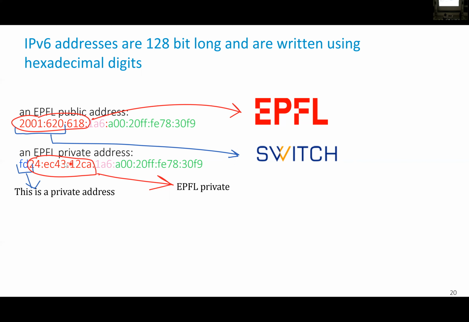Private addresses in IPv6 are similar, but still, if you use a private address, you need to go through a mechanism of allocation of a prefix, which is this blue and red part here, that in principle is allocated to EPFL. In fact, EPFL has 5 or 6 different blocks, because whoever uses these private addresses should first ask for a prefix.